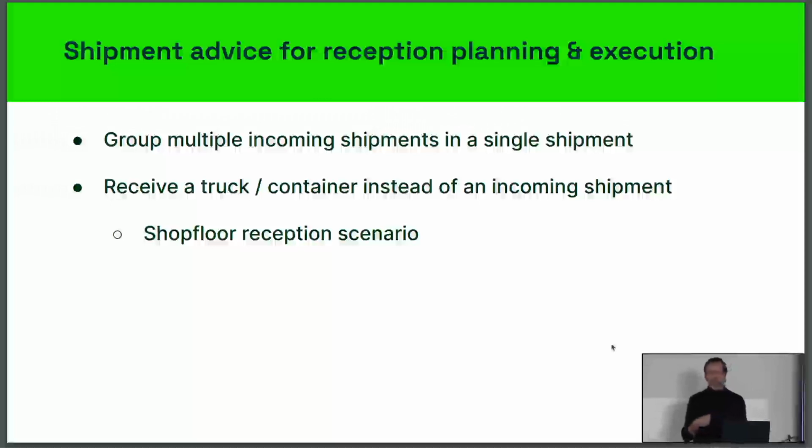You could also use that for receiving a container or receiving a truck concerning different suppliers, meaning different POs, or even with one supplier, maybe you sometimes have to make multiple POs because you have different conditions. At the end, you just receive one shipment, and what you want to be able to do is to receive the goods quickly.